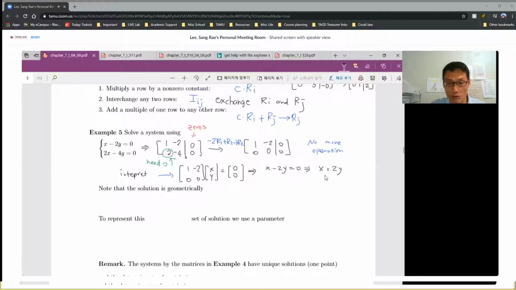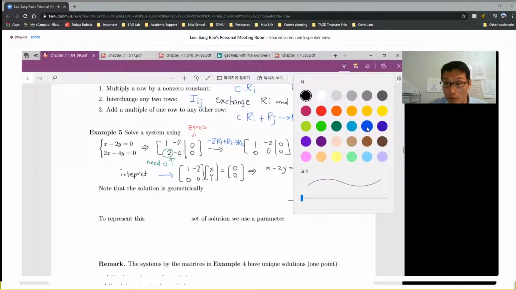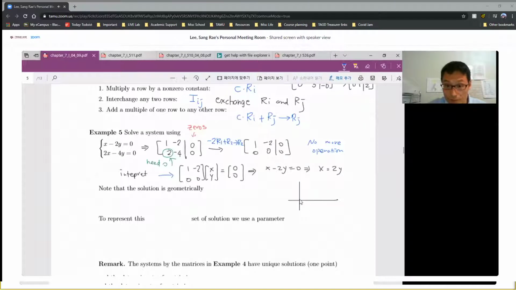How do we understand this solution? Well, geometrically, you can plot this equation because the slope is a half, so it is a straight line. Let me draw the graph, y equals half of x.